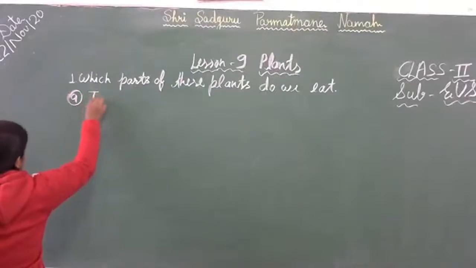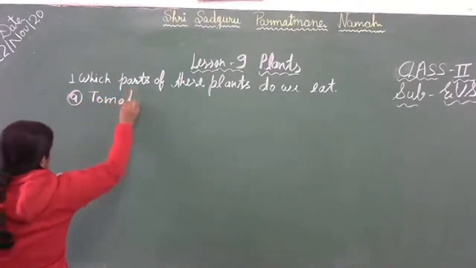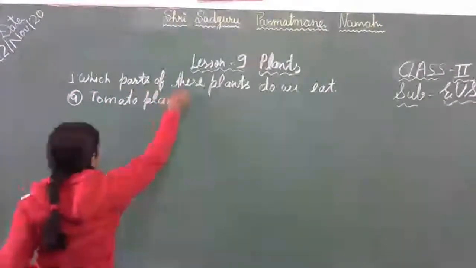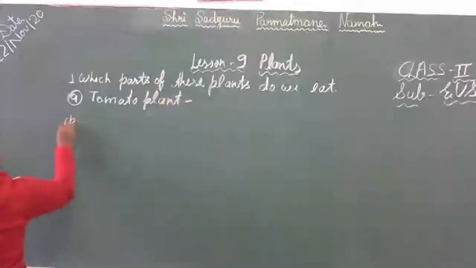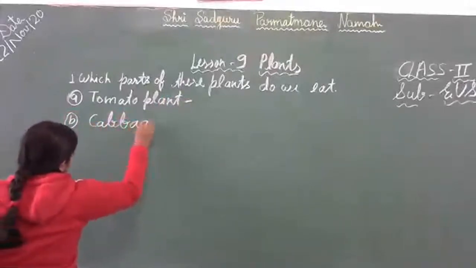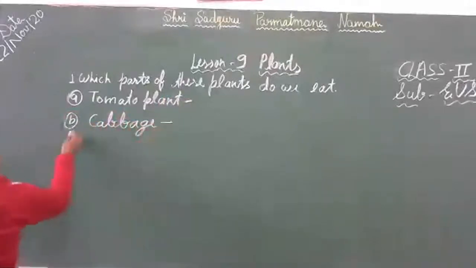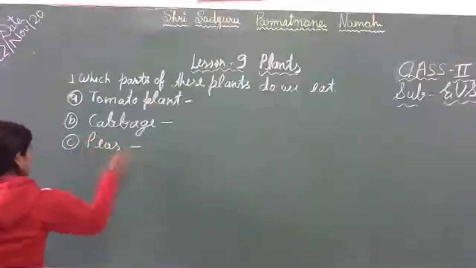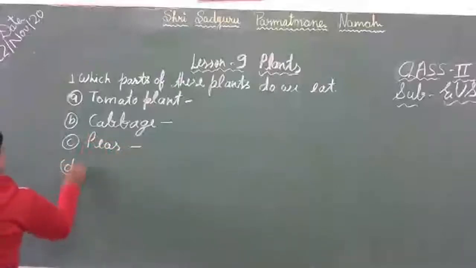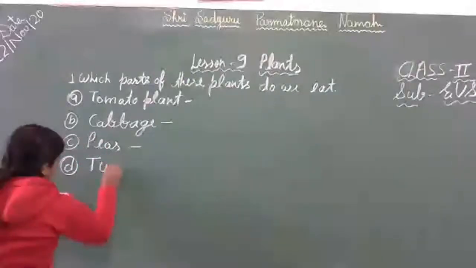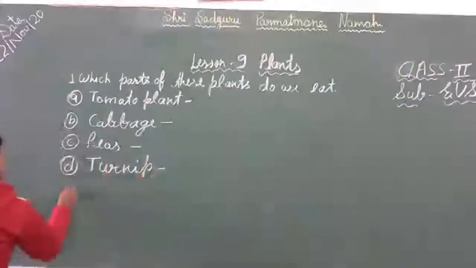Number A, tomato plant. B, cabbage. C, peas. D, turnip.